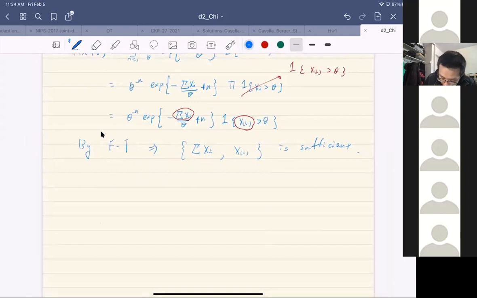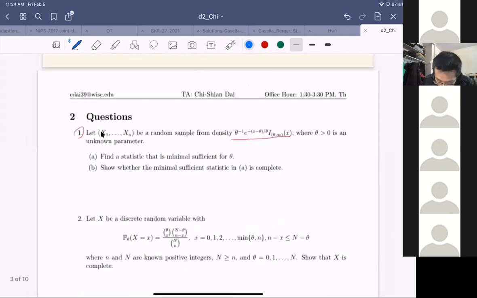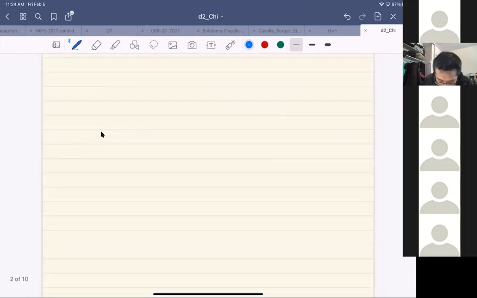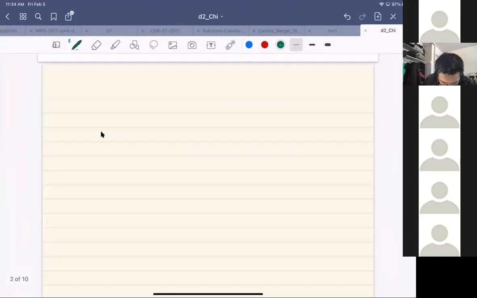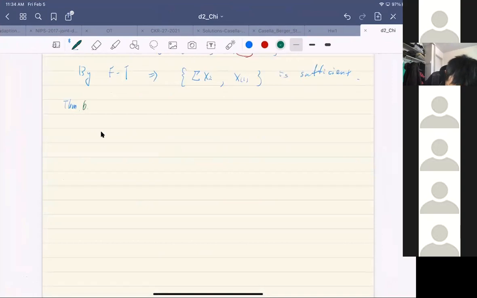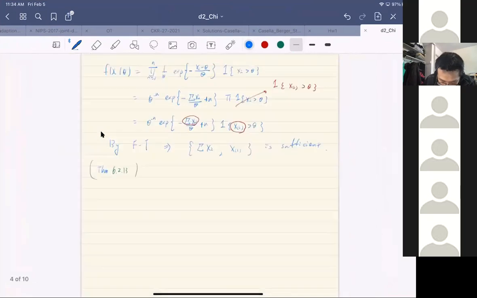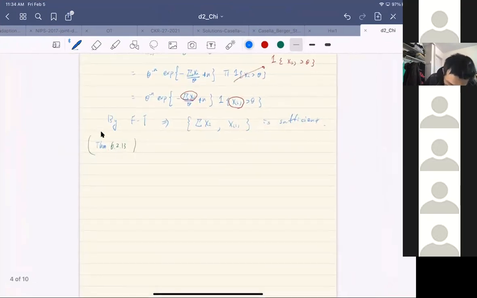And then we want to prove that it's minimal sufficient. Here I want to use this theorem, 6.2.30. So I want to find a ratio of the density.